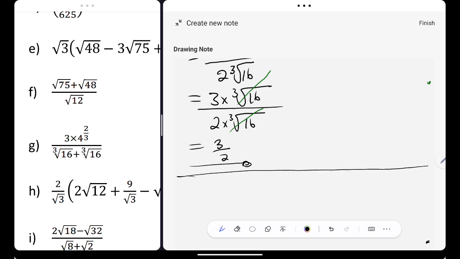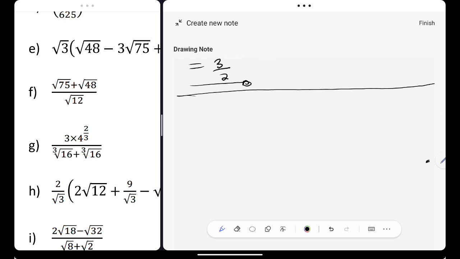Okay. Sometimes you are given situations like this. Maybe you are told that, given that p is equal to the square root of 5 over x plus 2, are you together?